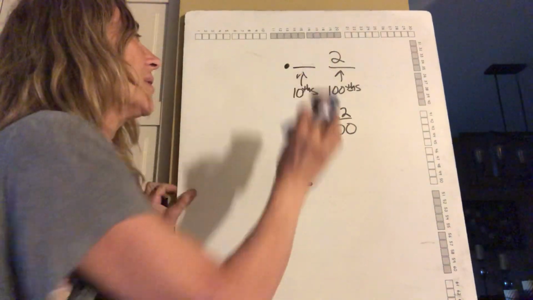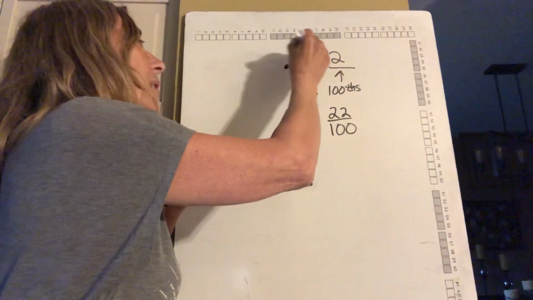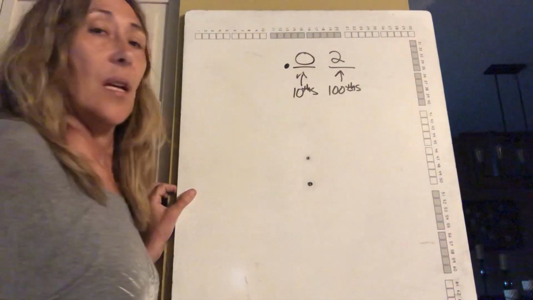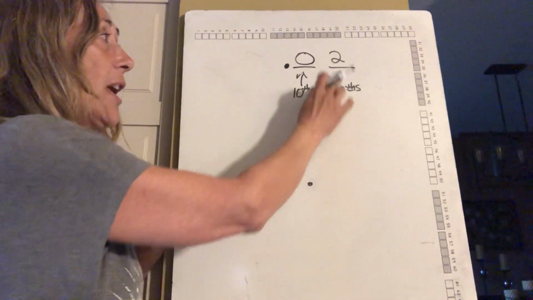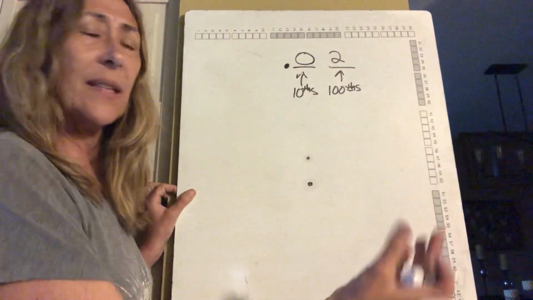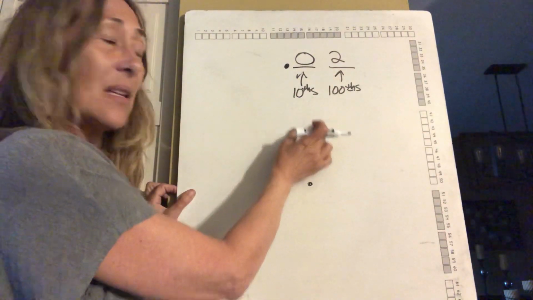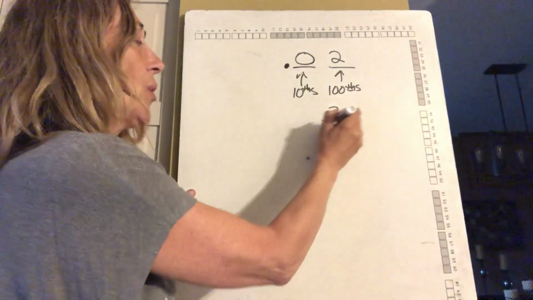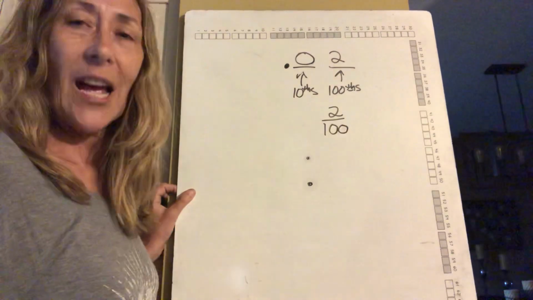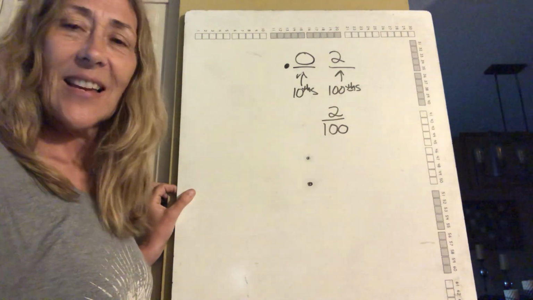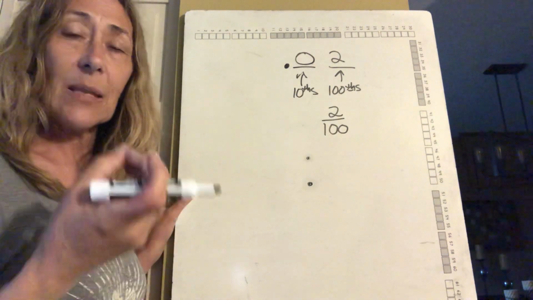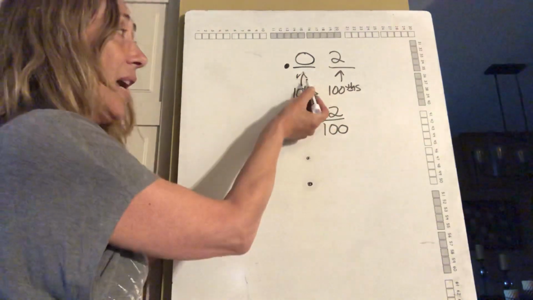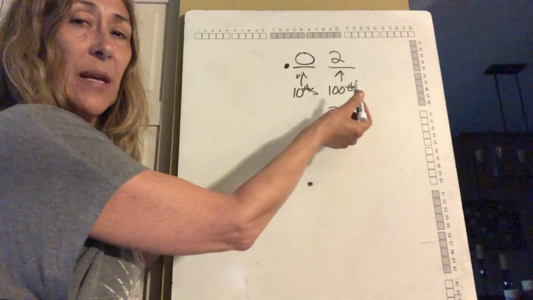I put the 2 here. Now I have no tenths, but I have a 2 in 2 places away, the tenths, the hundredths. This decimal is read 2/100ths. So think of decimals as parts or fractions of the whole, the tenths place, the hundredths place.